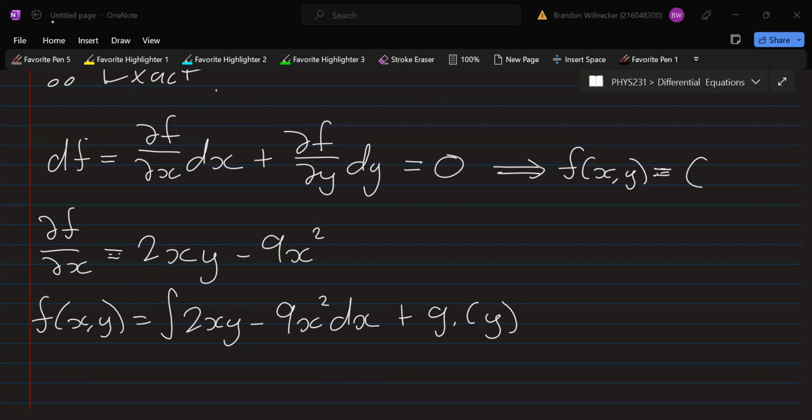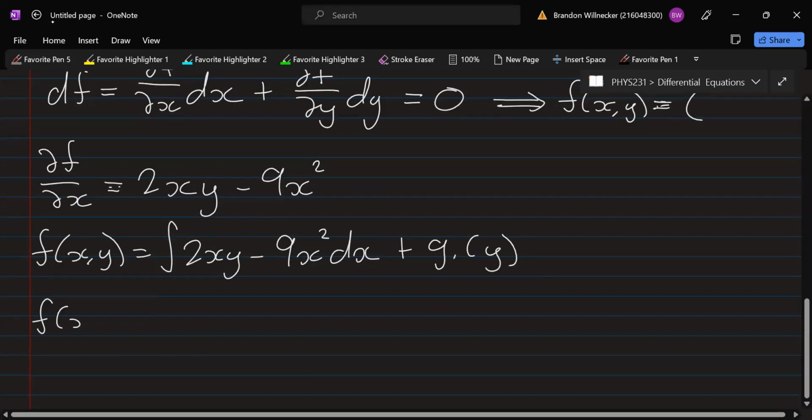That's very similar to if we have some function of x and we integrate with respect to x, we need to add a constant c, because the derivative with respect to x will get rid of it. Same thing here. The derivative with respect to x will get rid of this function of y, so we need to add it back when we do the reverse.